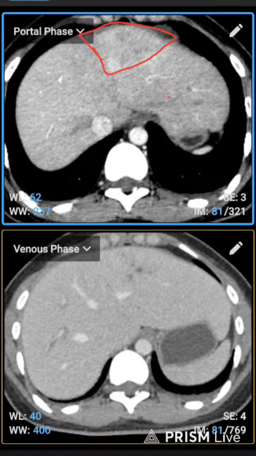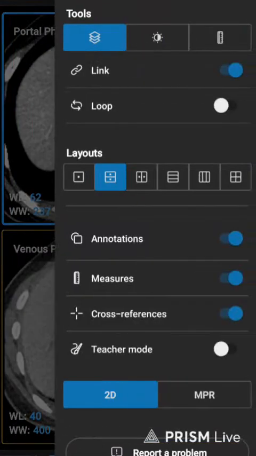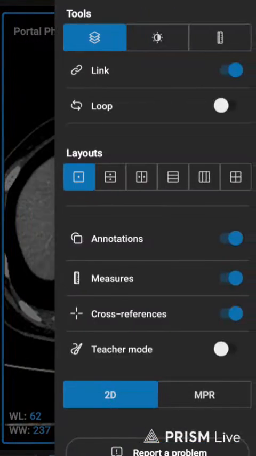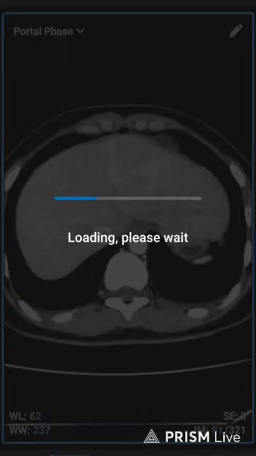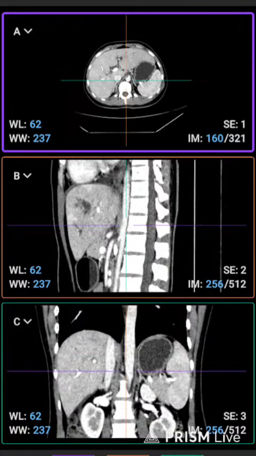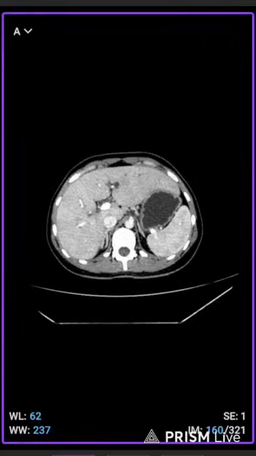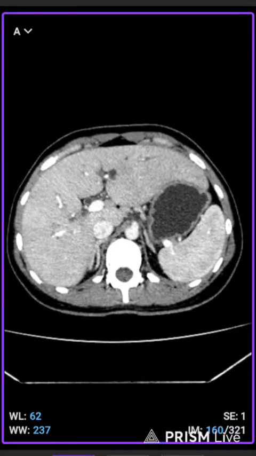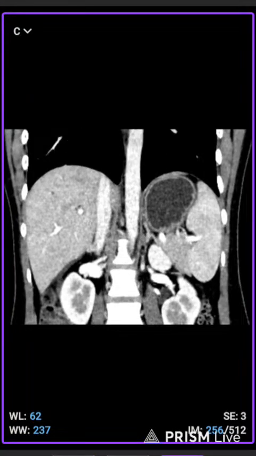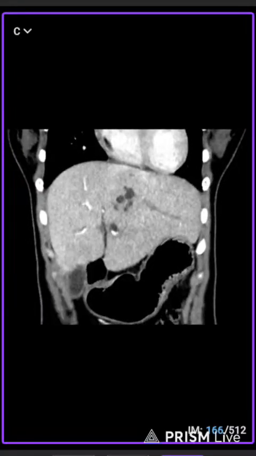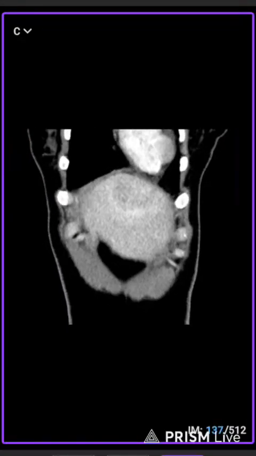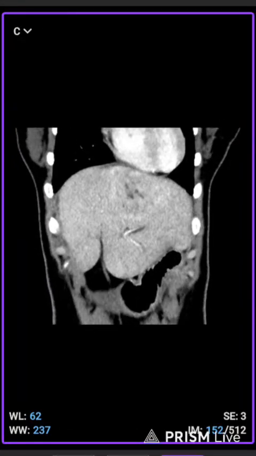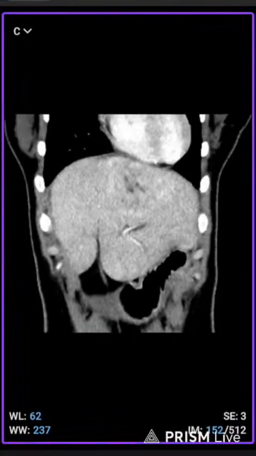So it's more important to do the triphase if there is any tumor in the liver. If you suspect any type of tumor in the liver, you must do the triphasic scan.